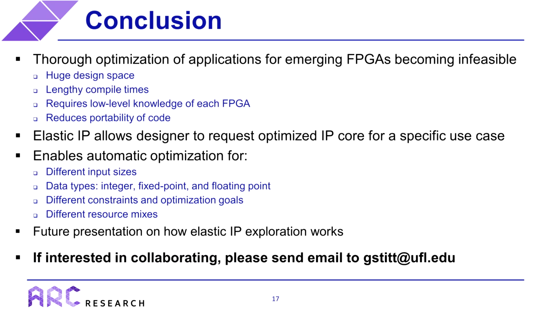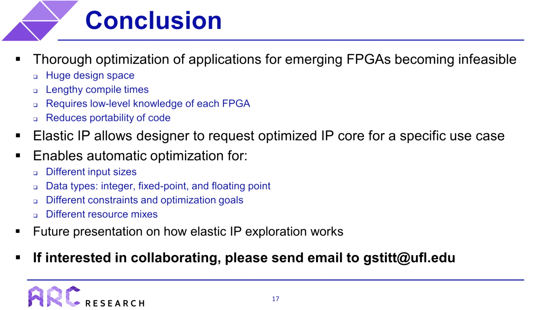In summary, I showed that a thorough optimization of applications for emerging FPGAs is quickly becoming infeasible due to a huge design space and lengthy compile times. It also requires low-level knowledge of each individual FPGA, which most designers don't have. And on top of that, the optimizations reduce the portability of your code, which is not ideal.